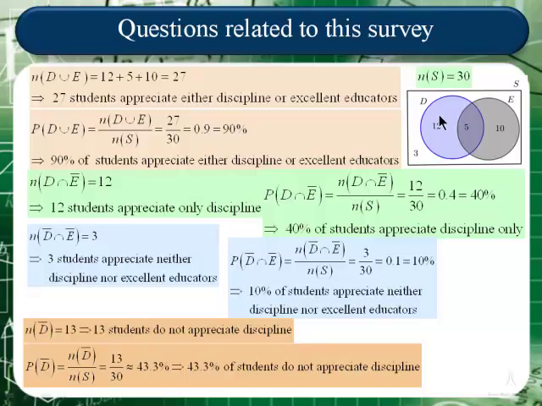So in other words, 15 of the students do not appreciate excellent educators. So the probability that a selected student will not appreciate excellent educators is 15 out of 30, or really very high, namely 50%. I feel sorry for such a school, or containing such learners.